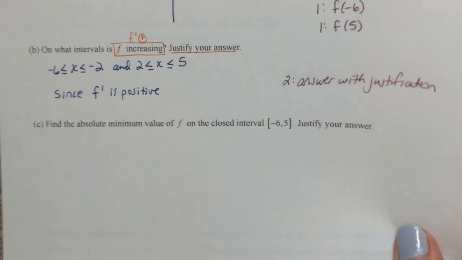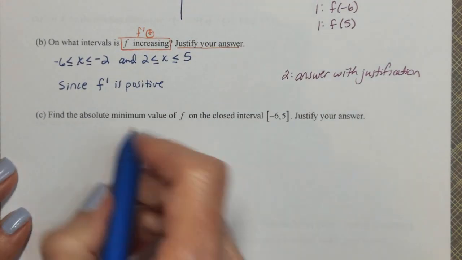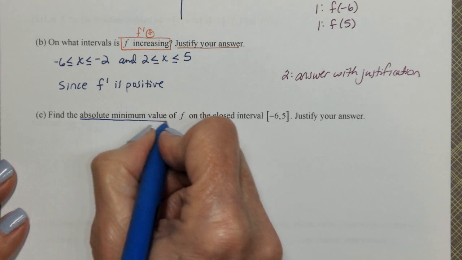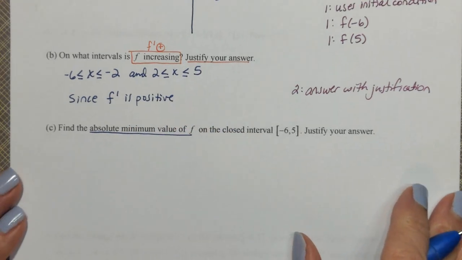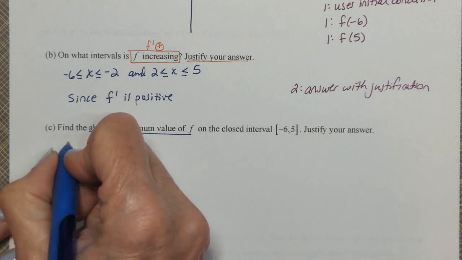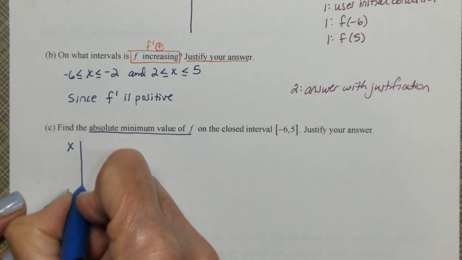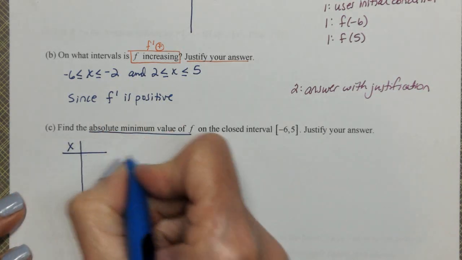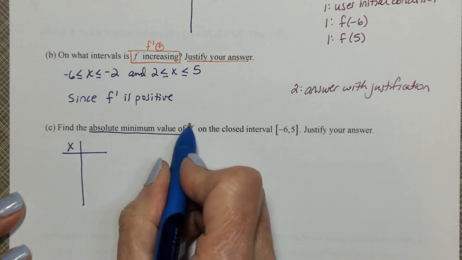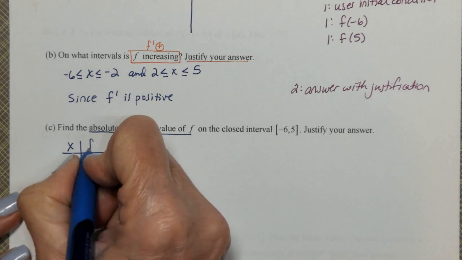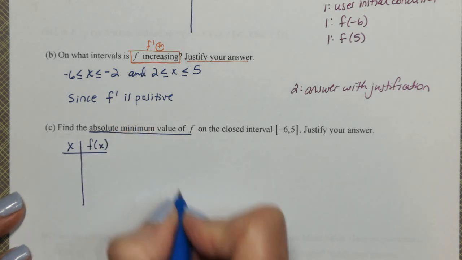Let's see. Find the absolute minimum value of f on the closed interval. So for the absolute min, I'm going to set up the candidates test. Our independent variable is x. We're finding the minimum value of f, so f needs to go right there.